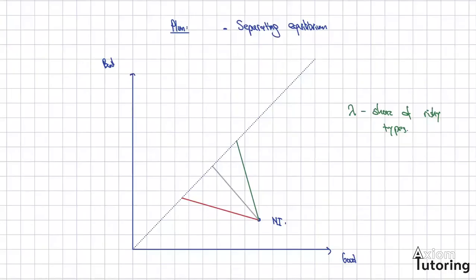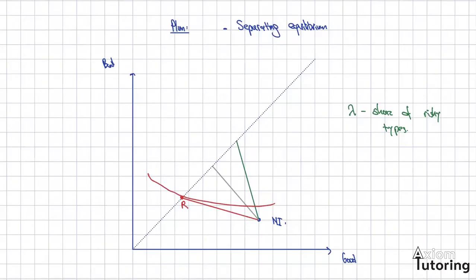Okay. So here is how I go about drawing or finding the separating equilibria. Once I've drawn these three together, I go ahead and make a tangent indifference curve for the risky individual. And I know that the risky individual is going to get full insurance. So I'm going to label that as the package for the risky. Okay.